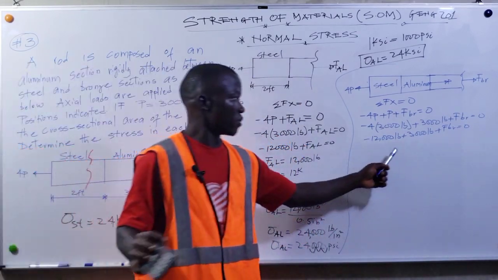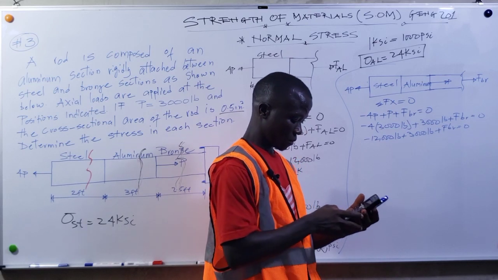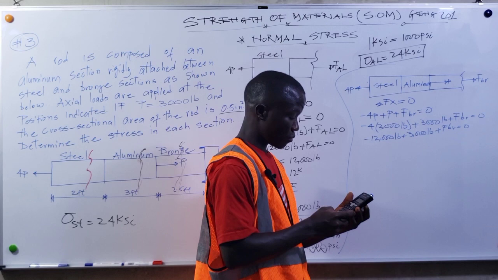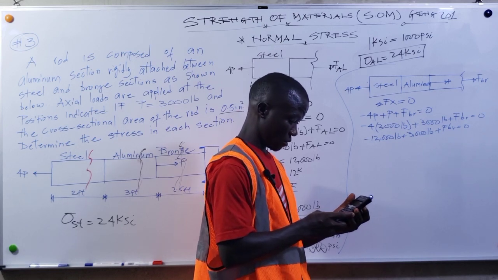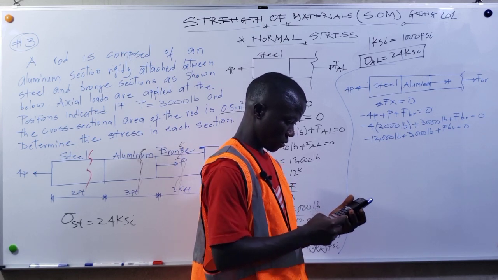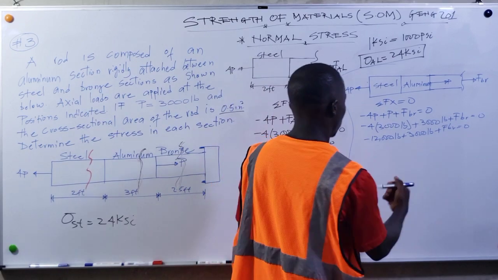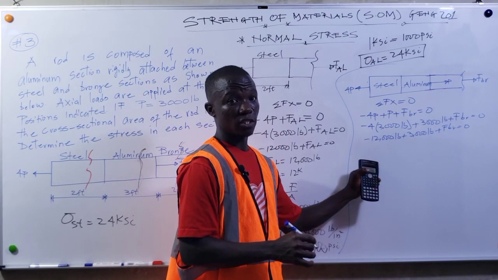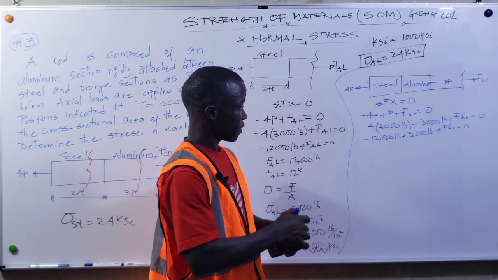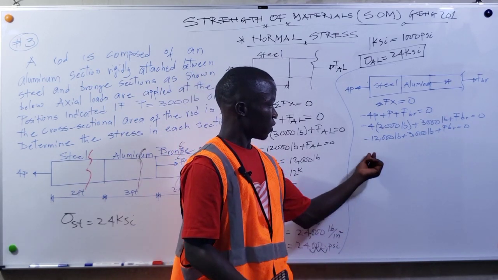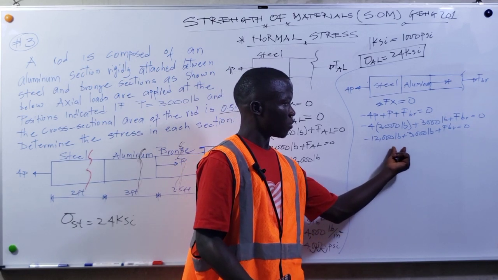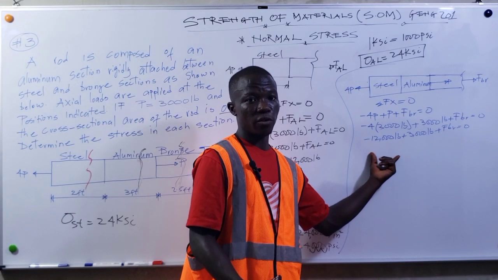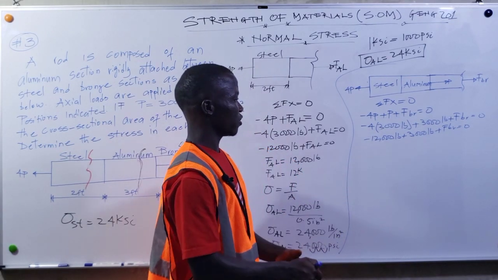So we got 12,000 plus 3,000 is equal to 15,000. I'm sorry, we are subtracting here because the sign is opposite. We got negative 12,000 pounds and we got plus 3,000 pounds. We subtract and the greater number carries the sign. So I'm sorry, it is not addition.